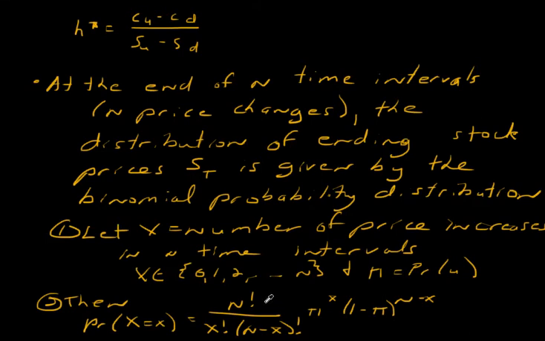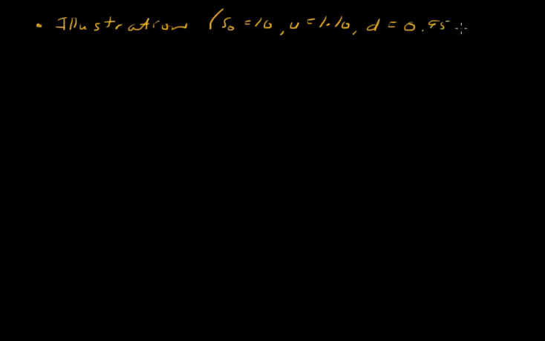And let me clear this page to get our final bullet point here. So let's do an illustration. Let's have our opening price be 10, our up factor be 110, our down factor equal 95, and we're going to have n time periods.